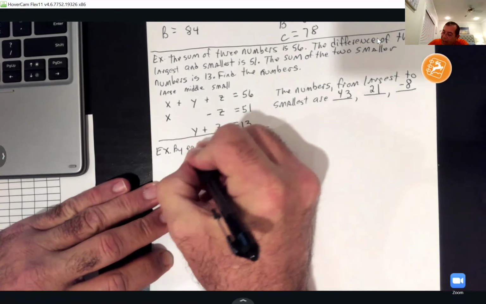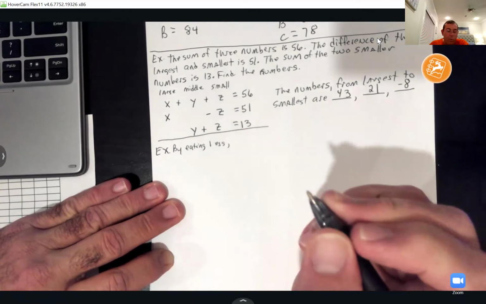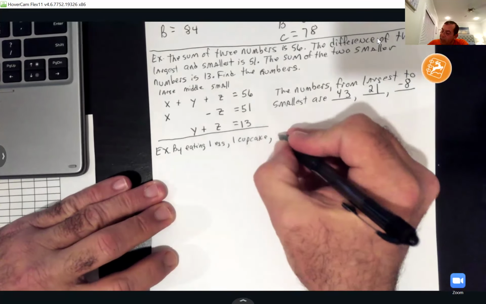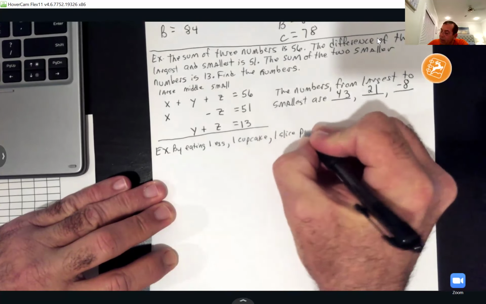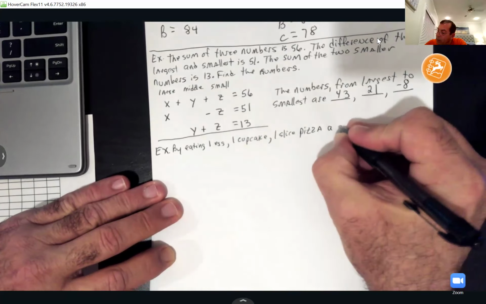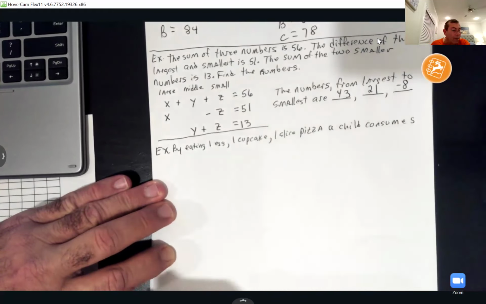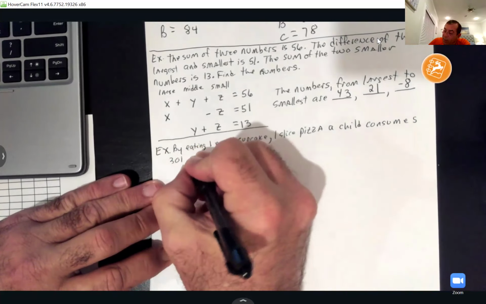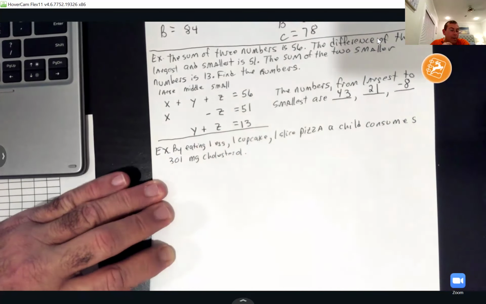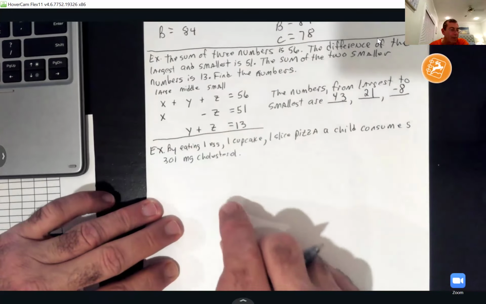So by eating 1 egg, 1 cupcake, and 1 slice of pizza, a child consumes 301 milligrams cholesterol. Y'all, then it says, I'm sort of writing uphill, it looks like.